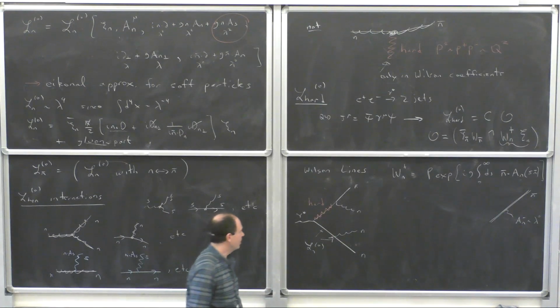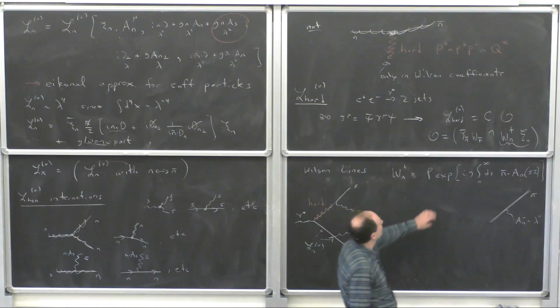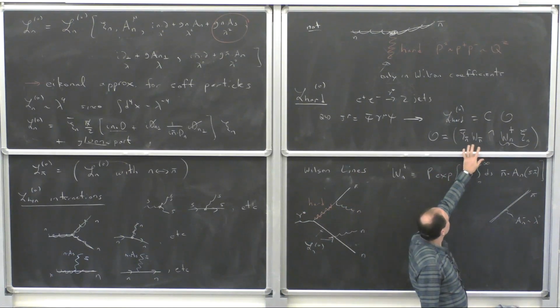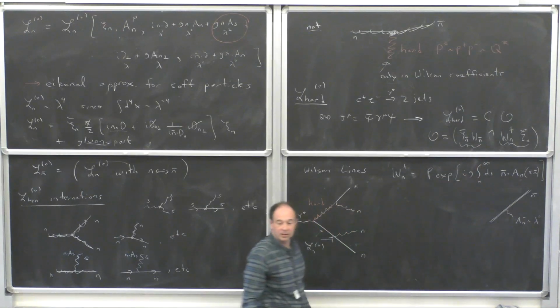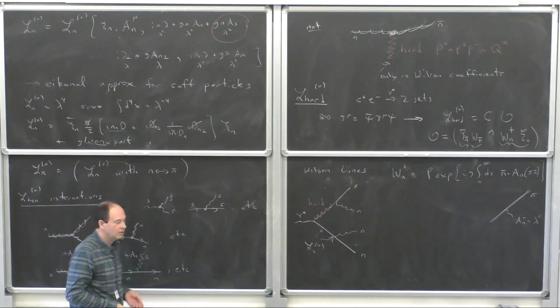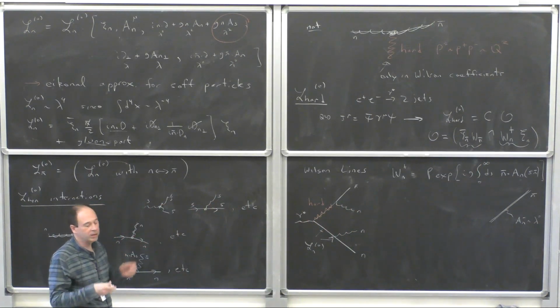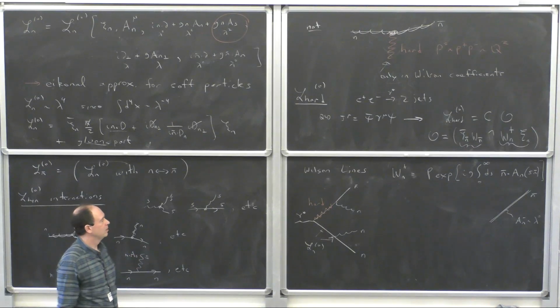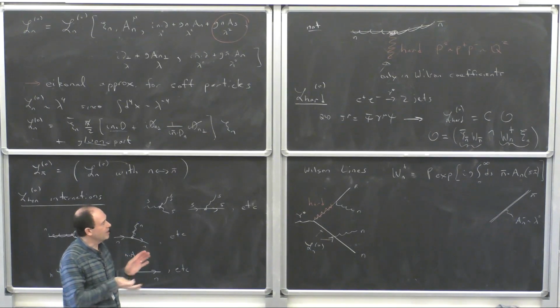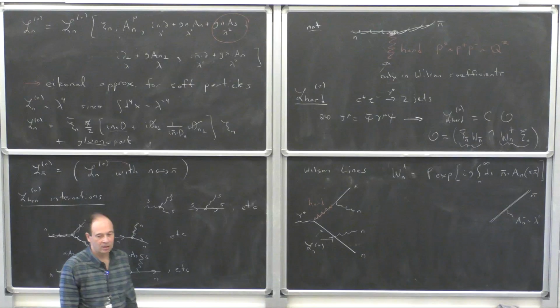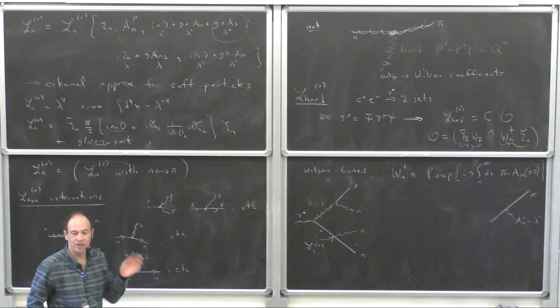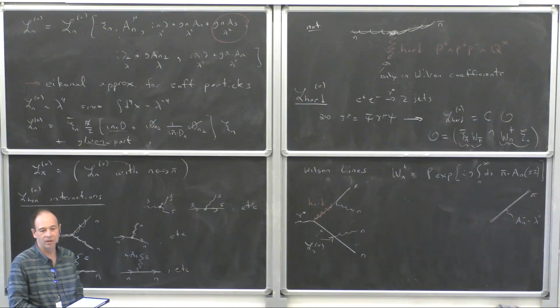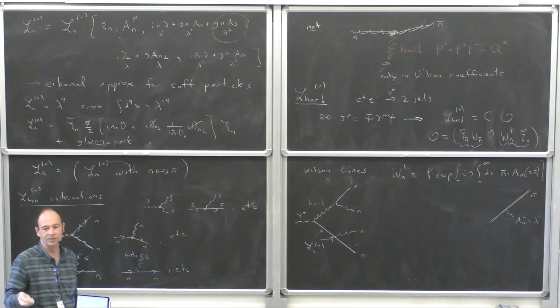And then the same thing can be repeated with the n-bar collinear fields, and on this side I get a similar story where I need this W n bar for the n-bar collinear fields in order to balance the gauge symmetries for that jet. And this seems like maybe it's special to this example, but it's generic actually, and when you do all sorts of examples, you're always getting this Wilson line.